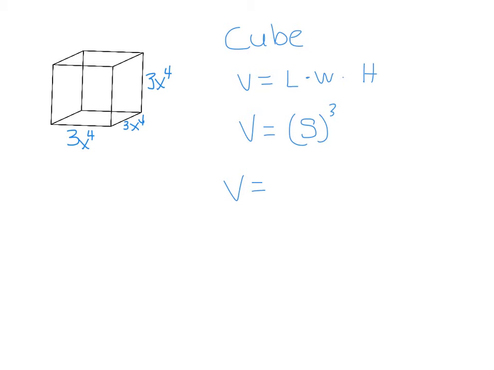So in this case, I would just say 3x to the fourth and put all of that to the third power, and that would give me 3 to the third power times x to the 12th power, which is going to be 27x to the 12th units.